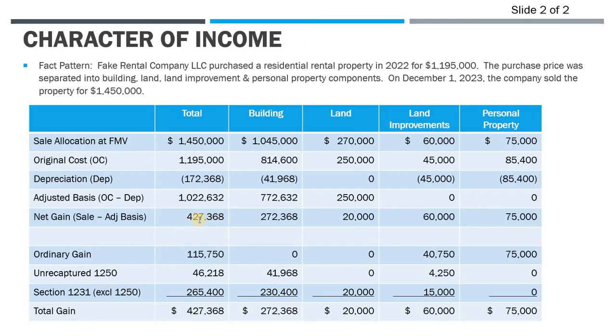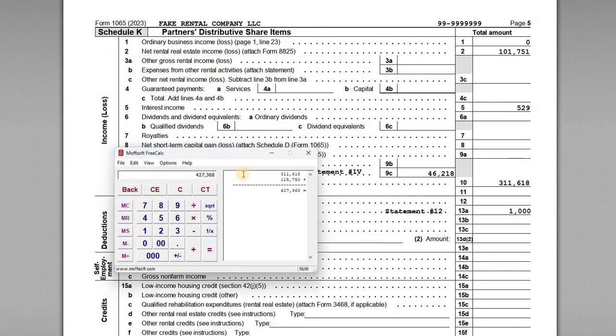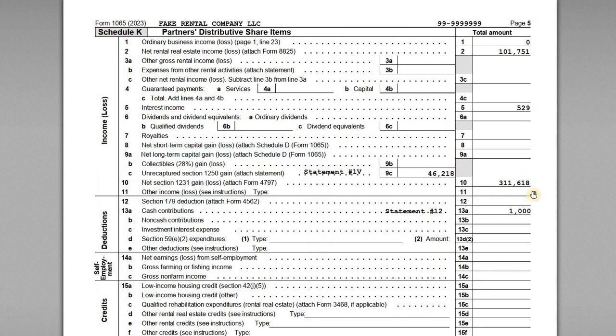So the $427,368 is the total gain after accounting for the total sale price and then the adjusted bases of each of these pieces of property. So when we look at the Schedule K here, it's not as if you take these two items and then add the unrecaptured 1250, right? The unrecaptured 1250 is a piece of this Section 1231 gain. That's really important to remember, because I often see a lot of confusion where they're adding the two together and thinking, well, this isn't making much sense. How come I have more gain than I actually do? And that's not what's happening here.